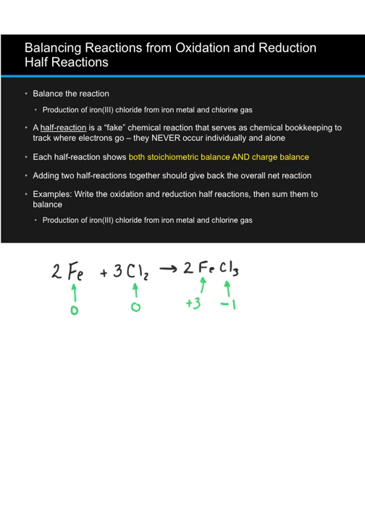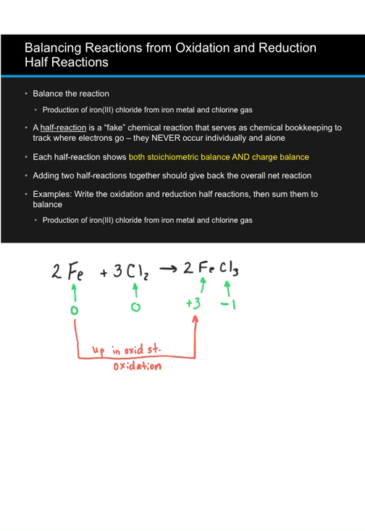What we see if we look at how iron has changed, going from reactant to product, it has gone up in oxidation state. Anytime something has gone up in oxidation state, it's become more positive. Up in the air is oxygen, and up in oxidation state means something has oxidized. So we say that iron has undergone oxidation in this redox reaction.